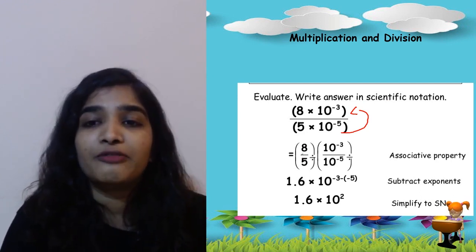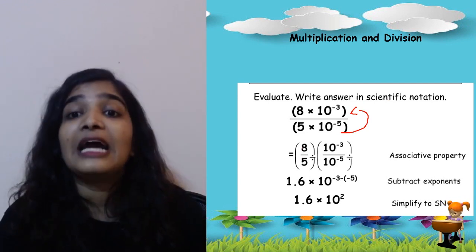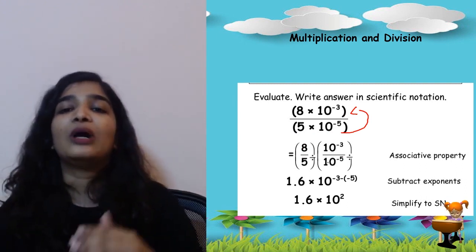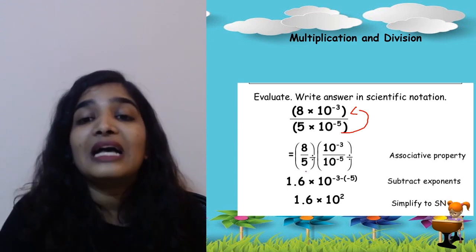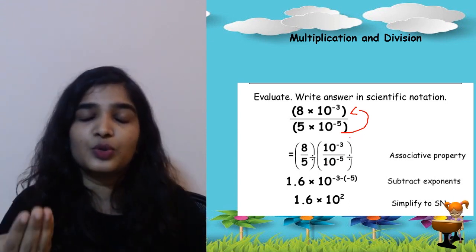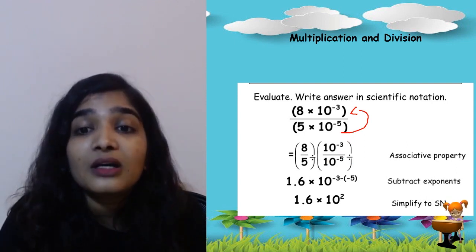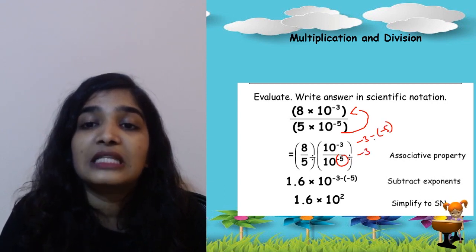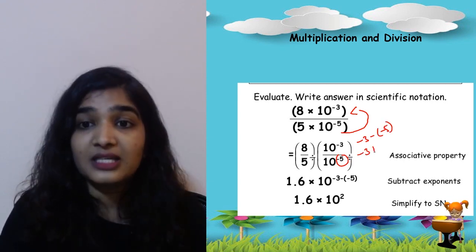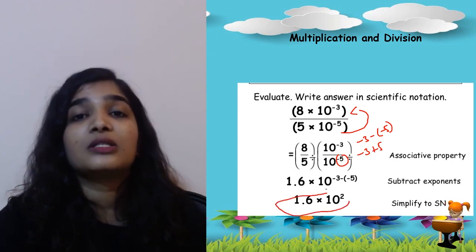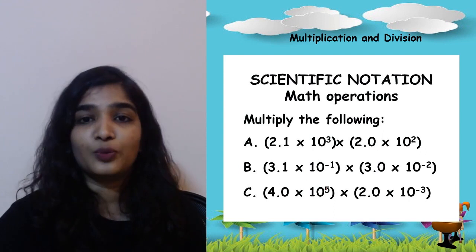As usual, you divide the coefficients and subtract the exponents. When it goes up, it already has a minus sign. So minus 3 into minus 5, minus into minus is plus 5. So you will get the answer 1.6 into 10 raised to minus 2.